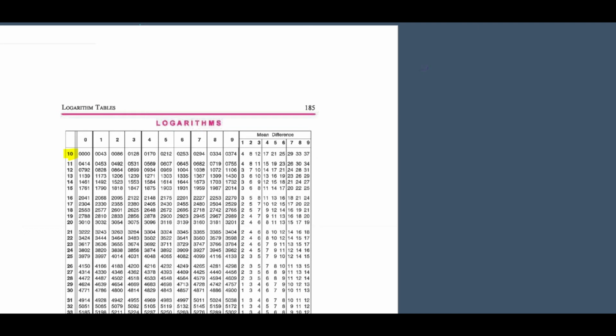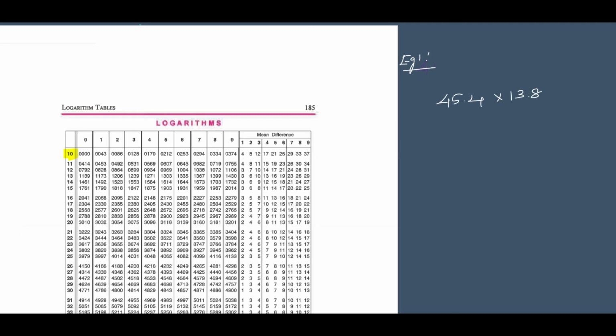Sorry, it's not displaying, so I will change the color. My first example, I'm going to take 45.4 into 13.8 divided by. First we will go for multiplication, then later we'll go for the division.